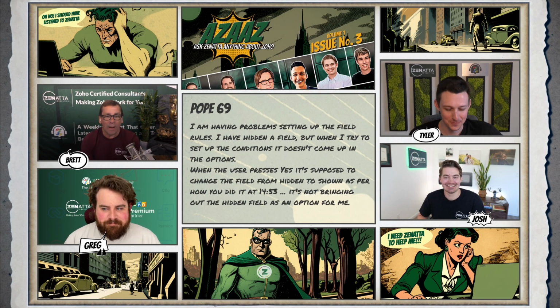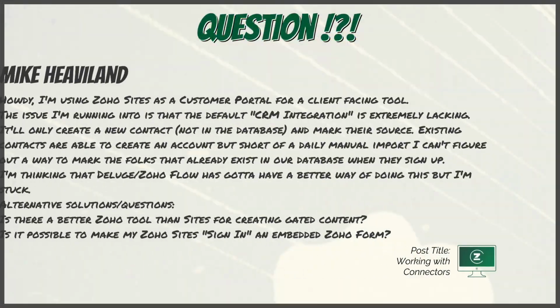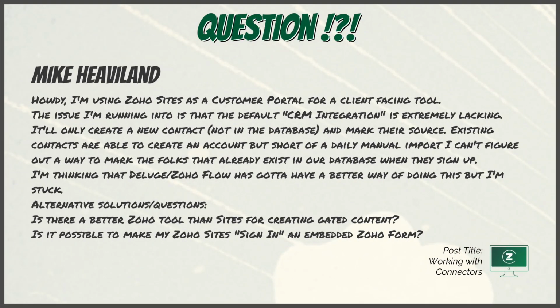All right, and wrapping it up, we have a question from Mike, who over on Club Z says, working with connectors. Howdy, I'm using Zoho Sites as a customer portal for a client-facing tool. The issue I'm running into is that the default CRM integration is extremely lacking. It will only create a new contact, not in the database, and mark their source.